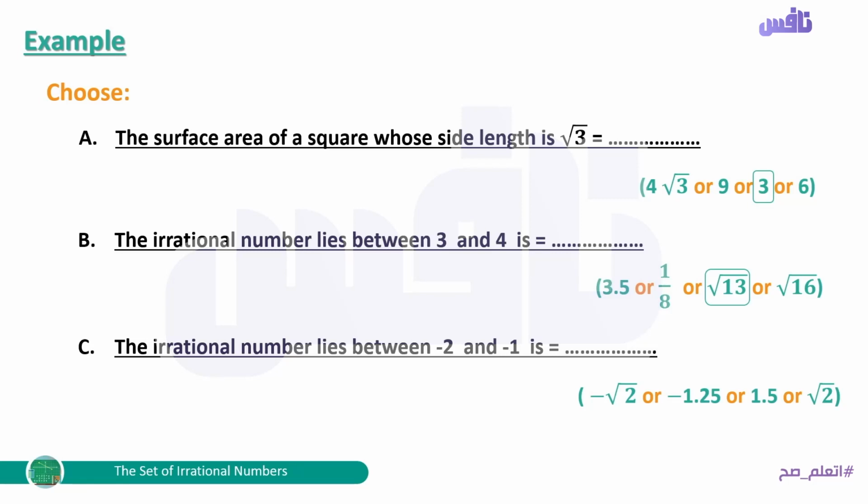So the irrational number lies between them must be negative also. We have two negative numbers in the choices, -1.25, but it is not irrational. So the right answer will be -√2. And you can check this number by calculator. You will find that it lies between -1 and -2.